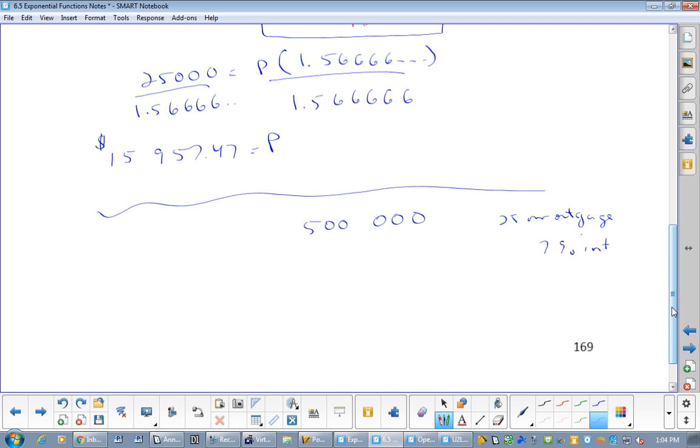So if you pay off a loan over many, many years, you will almost double what you've paid for your house. So in 25 years, if you don't get $1 million for your house when you sell it, you've actually lost money.